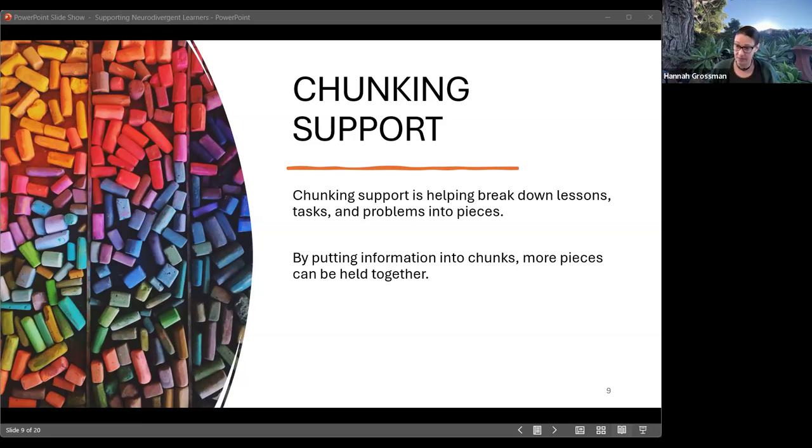When we can support our learners in breaking information down into the different bins it fits in, your learners will have more cognitive processing power to do the other parts of the task, and so they will be more successful at the task overall.